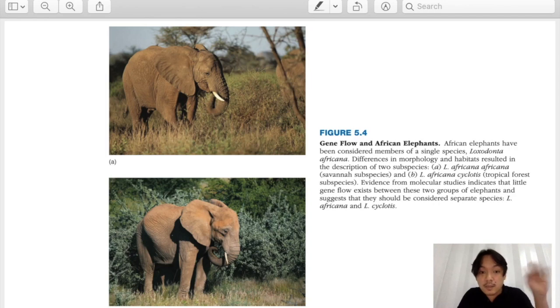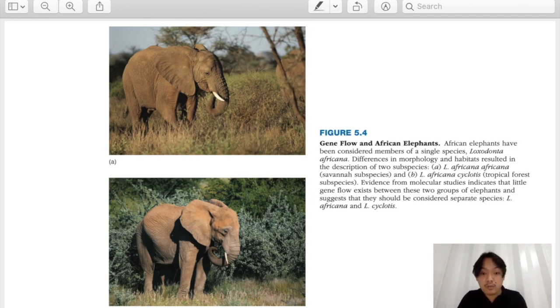So from one species came two subspecies: L. africana africana for the savanna subspecies, and L. africana cyclotis for the tropical forest subspecies. The evidence from molecular studies reveals that little gene flow exists between these two groups of elephants and suggests that they should be considered separate species, L. africana and L. cyclotis.